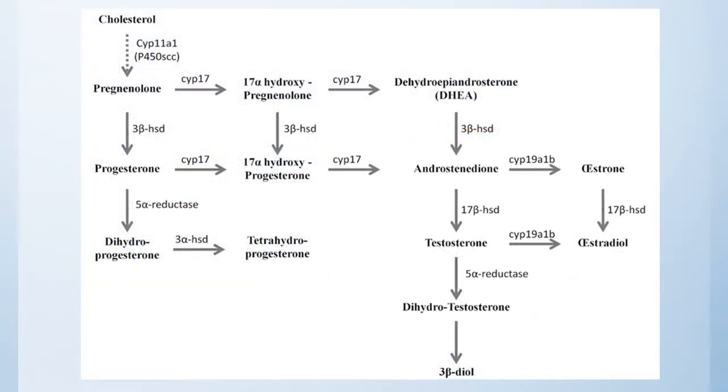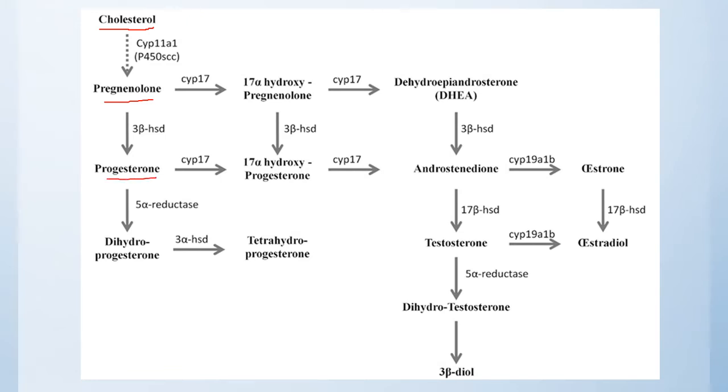So again, we're coming back to the common pathway of the sex hormones. And again, I want to highlight that they are produced from the same source, cholesterol. You just have to remember the main thing: cholesterol converts into pregnenolone, and pregnenolone converts to progesterone.